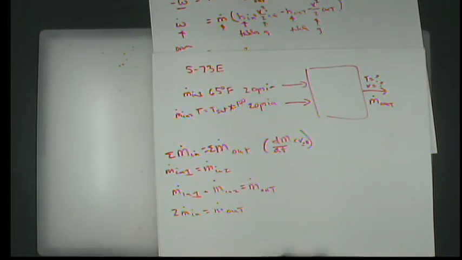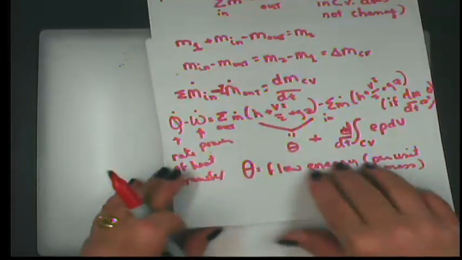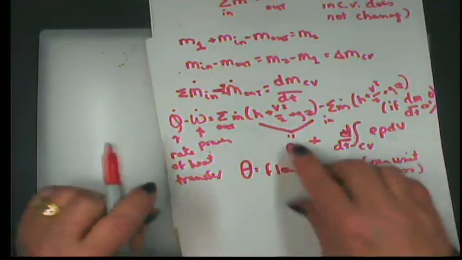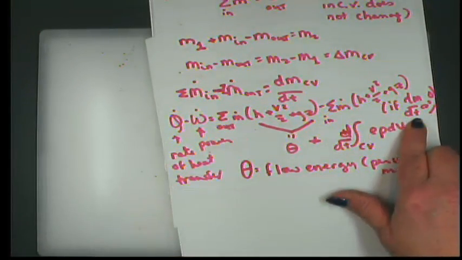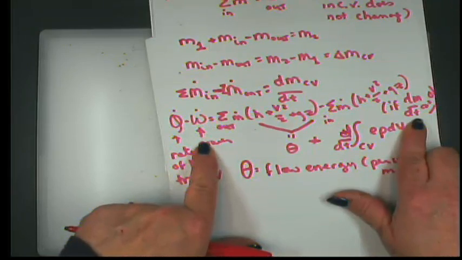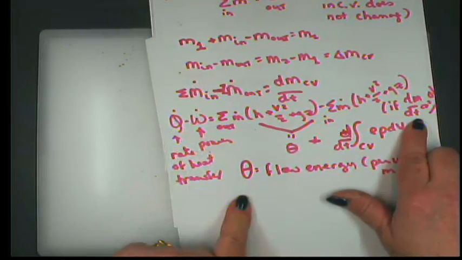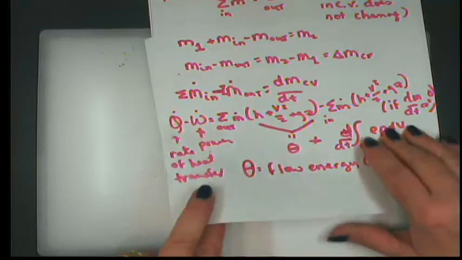So if we looked at the basic steady flow equation for our energy, going back to this original form, we have m out, we have m in, we have two different m in streams. We're saying that dm_CV/dt is equal to 0. We know that there's no power. This is not expanding or contracting or turning a shaft in any way. But whether it's adiabatic or not is a question. I think we're going to have to assume it's adiabatic in order to work the problem.